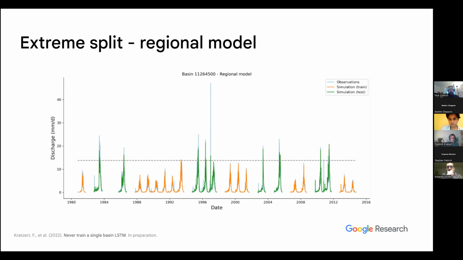Now, the caveat is you will still see a saturation effect in the basin with the absolute highest values in your training set. But for everything else, where your discharge is well below anything that you've seen during training as the max peaks, you don't have any saturation. You are perfectly able to extrapolate in individual basins.